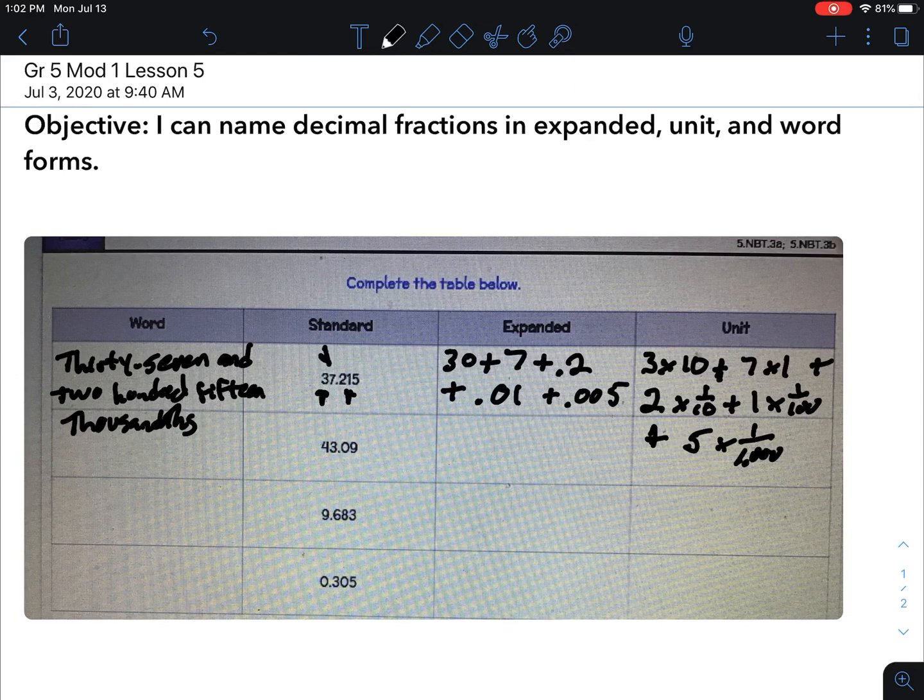So you're basically taking each number and telling me what you're multiplying it by, basically what place value it's located in. So the 3 is in the tens place, the 7 is in the ones, the 2 is in the tenths, the 1 is in the hundredths, and the 5 is in the thousandths place.